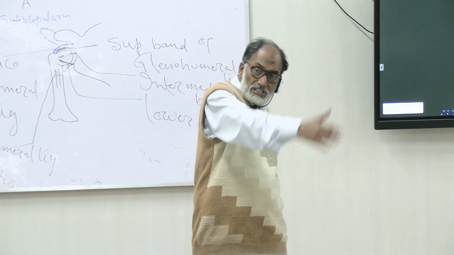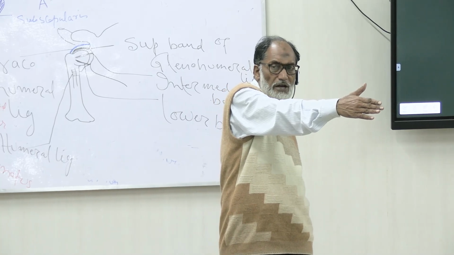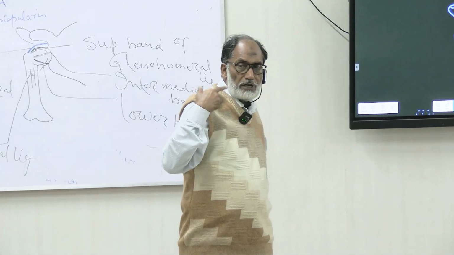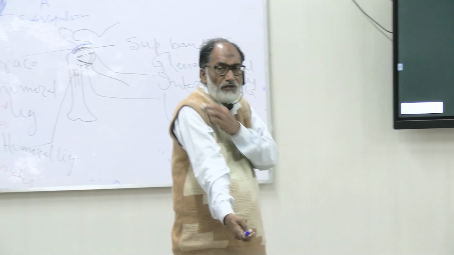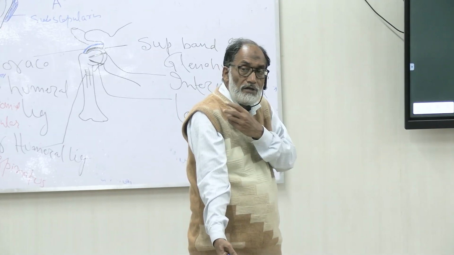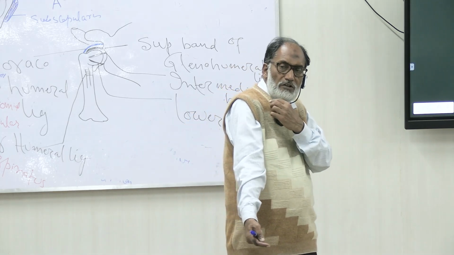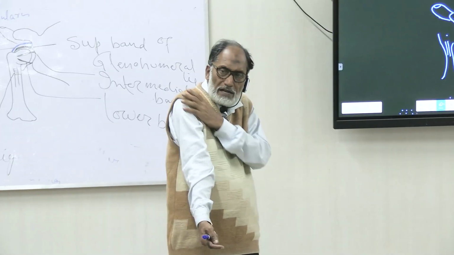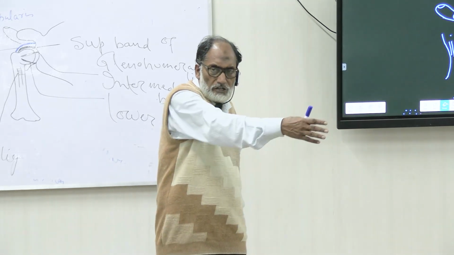Now what are the muscles that are moving this joint? Flexion is done by which muscle? The anterior fibers of the deltoid and the clavicular head of the pectoralis major. So the clavicular head of the pectoralis major and the anterior fibers of the deltoid produce flexion.